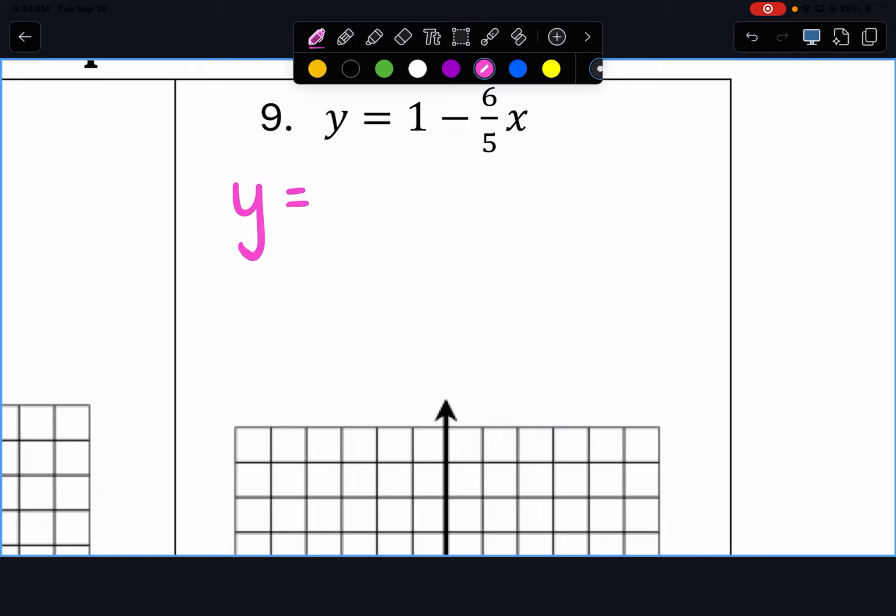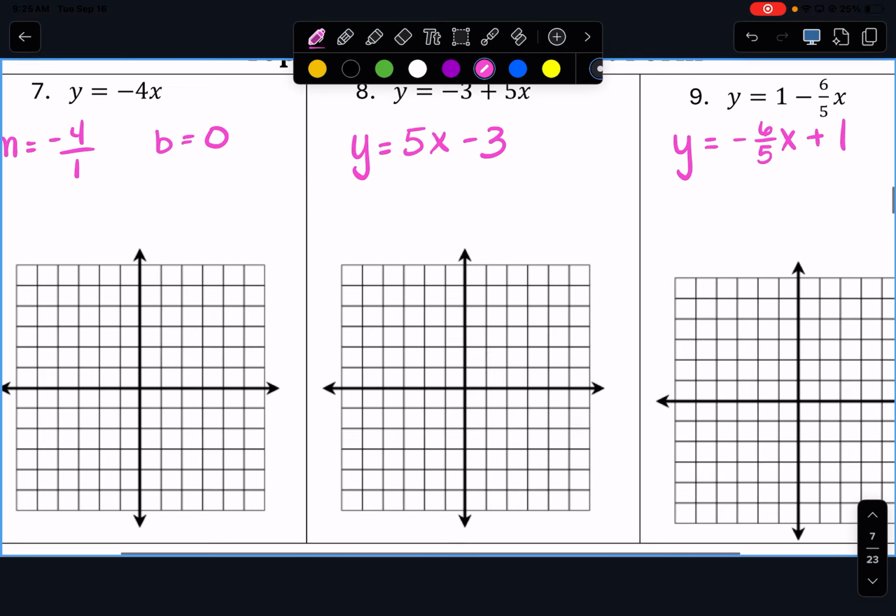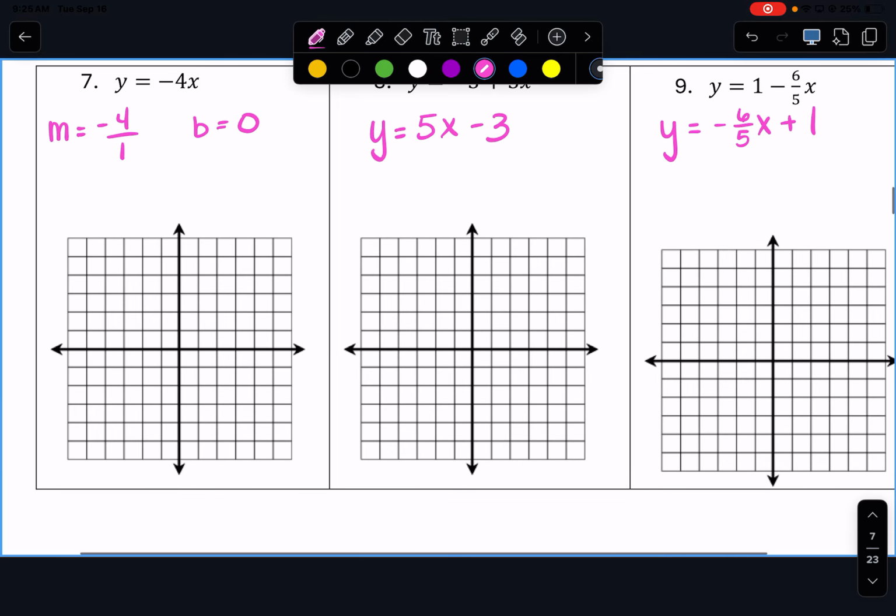But there's some forms where you have to rewrite it first. All right. How would I rewrite this? Y equals X. So I want y'all to finish and graph 7, 8, and 9.